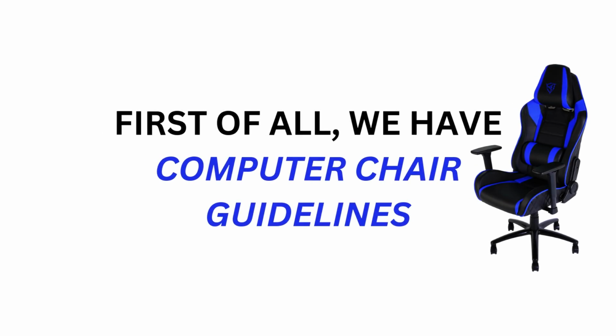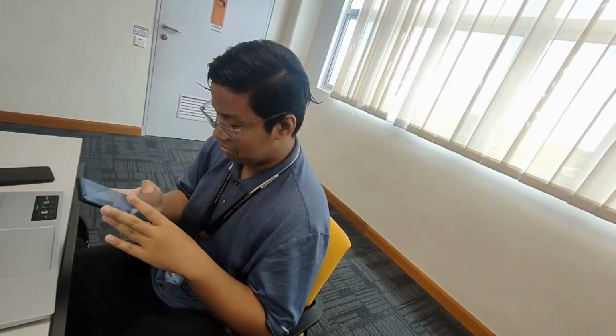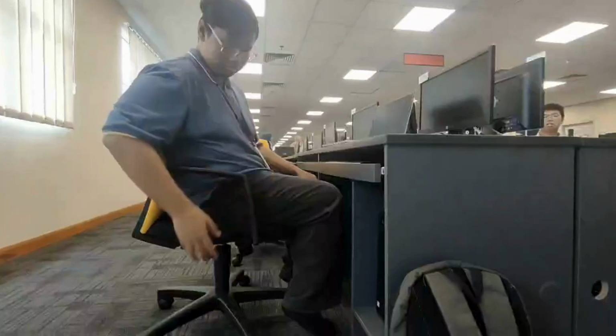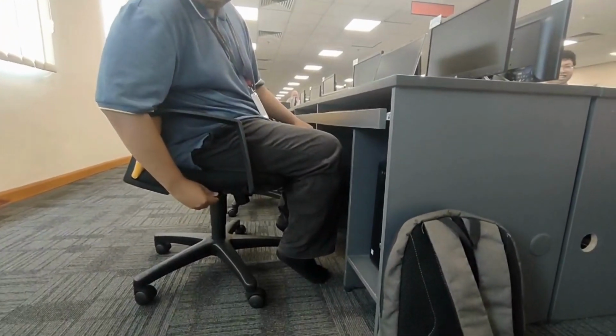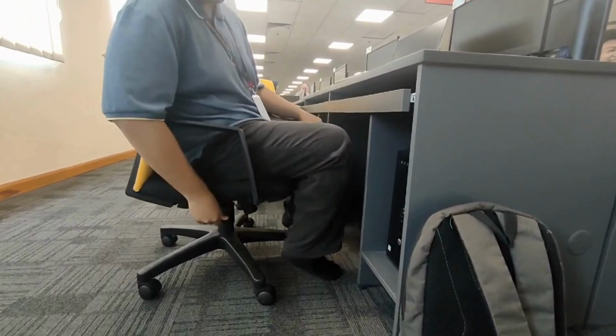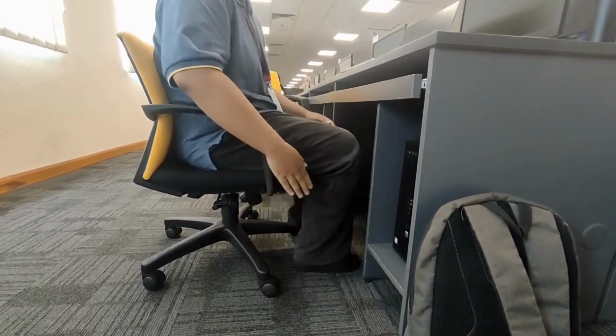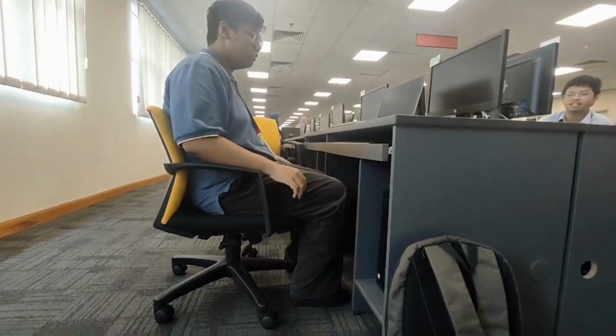First, we have computer chair guidelines. It might seem like it's not important, but it really is. You need to ensure that the height of the chair is comfortable enough to allow the feet to rest flat on the floor or footrest without hanging.